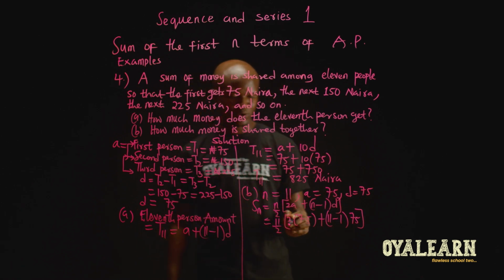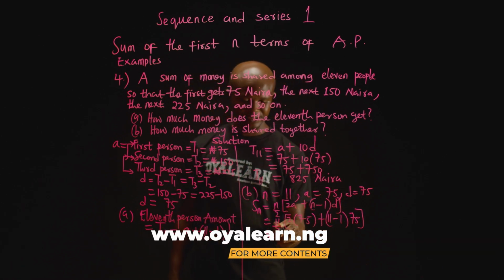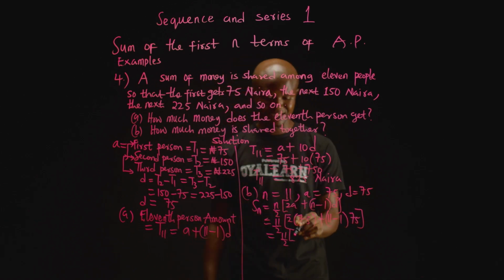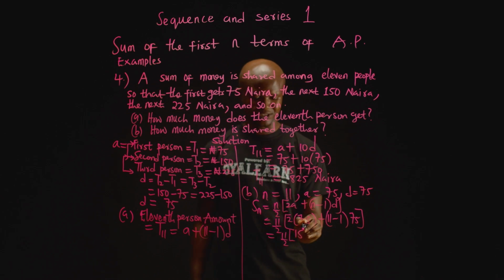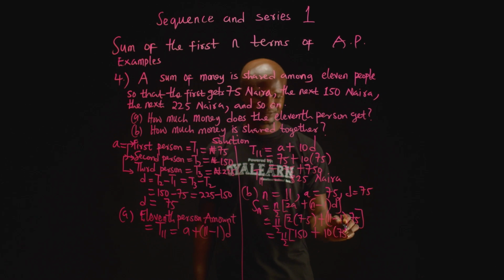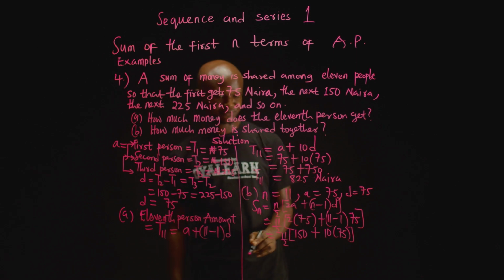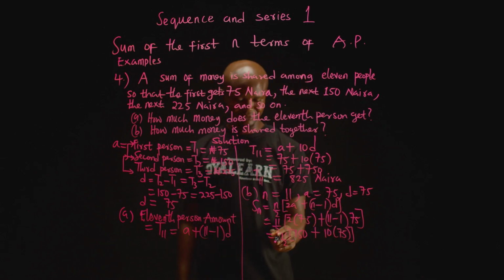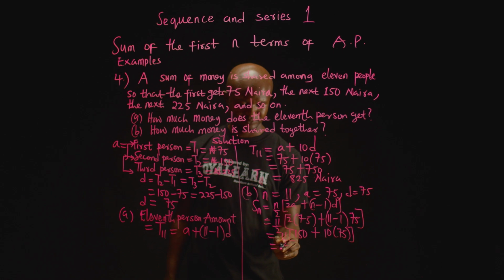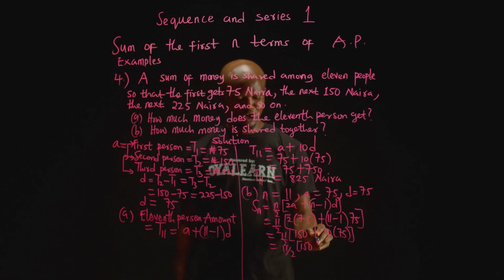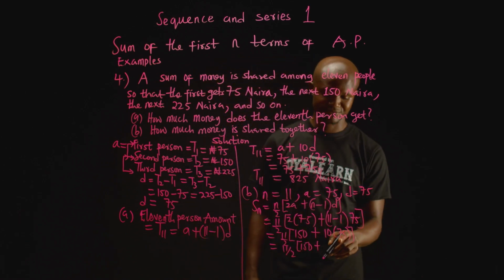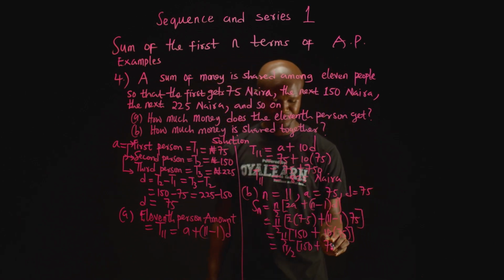So in this case, I will have 11 over 2 times, in brackets, 75 times 2, that is 150, plus 10 into 75. Now from here, this is 75 times 10, that is 750.